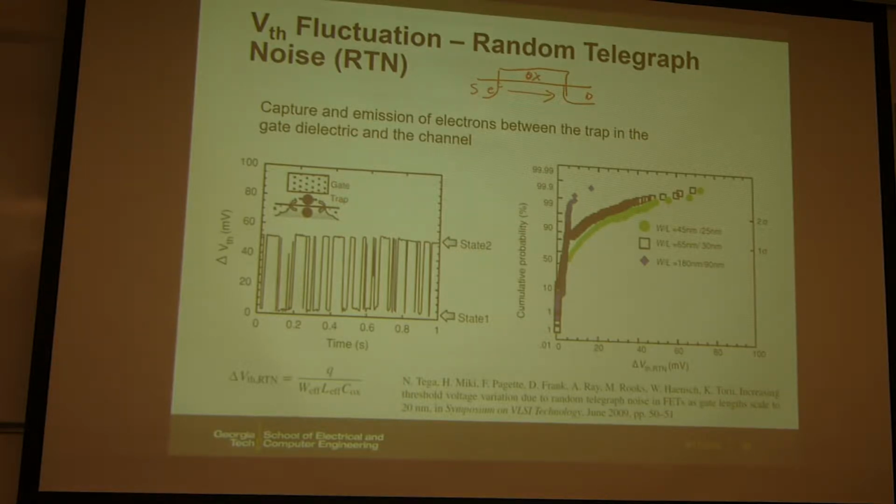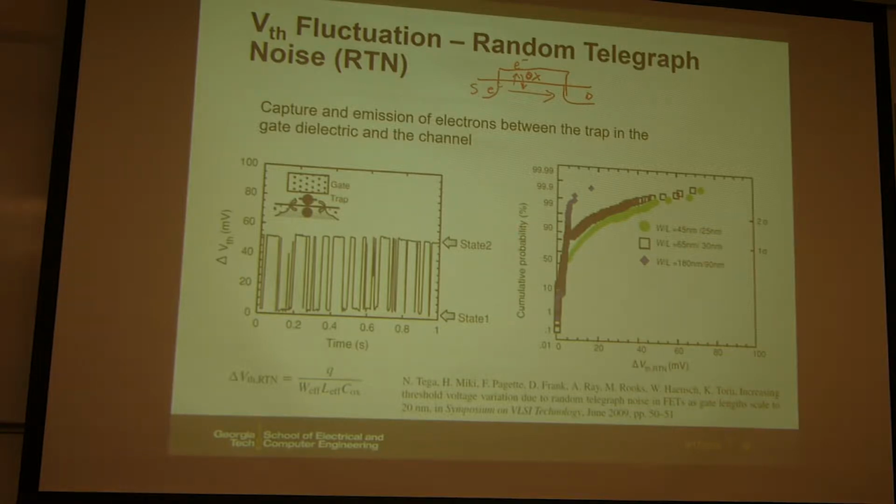There are some defects in the oxide, especially when you apply a gate voltage for a long time, you may generate some defects in the oxide. Those defects will act as a trap for the electron. So when the electrons travel to here, sometimes one will be captured by the trap, and then it will stay in the oxide for a while, and later, due to the thermal vibration, the electron may be released back to the channel.